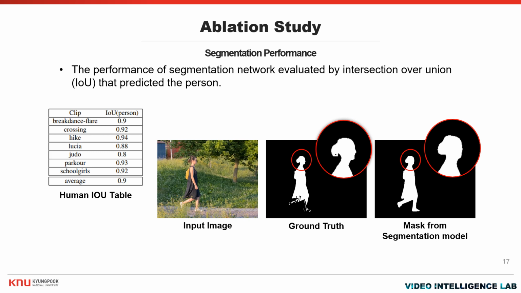We can see the difference between the ground truth and the prediction of the network in the figure. Thus, to prevent missing pixels in the segmentation network, we give an extra margin to the mask, which can increase the performance of the inpainting network.